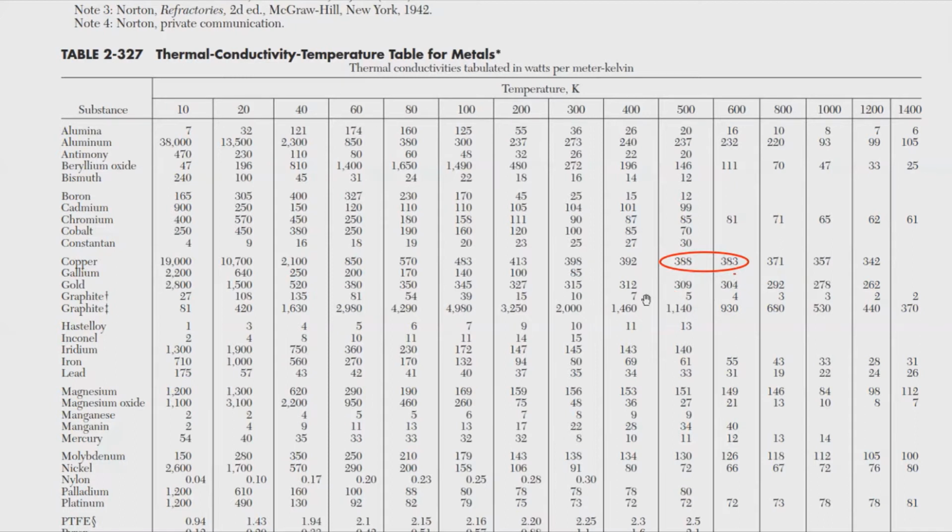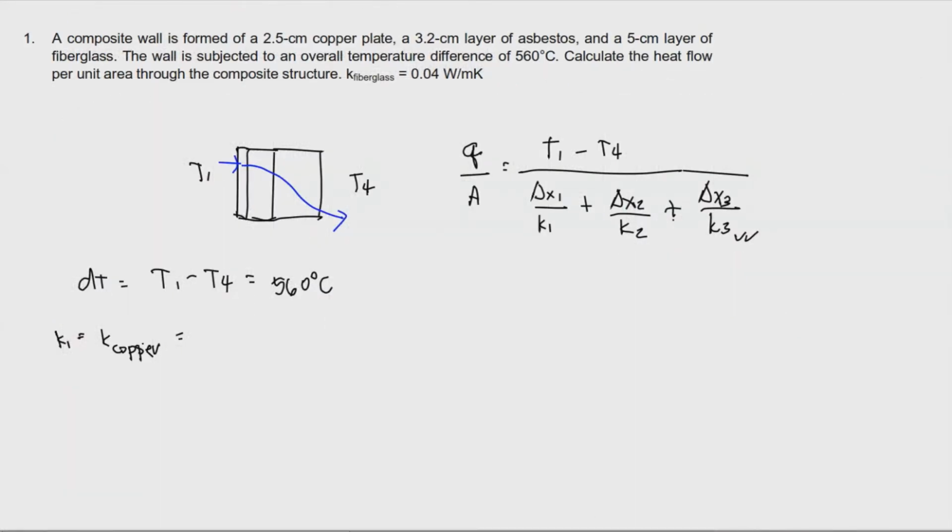So what we'll get is 385.5. So we'll be using that value for our copper. And of course, it makes perfect sense that this is very high compared to our fiberglass, since copper is a thermal conductor.